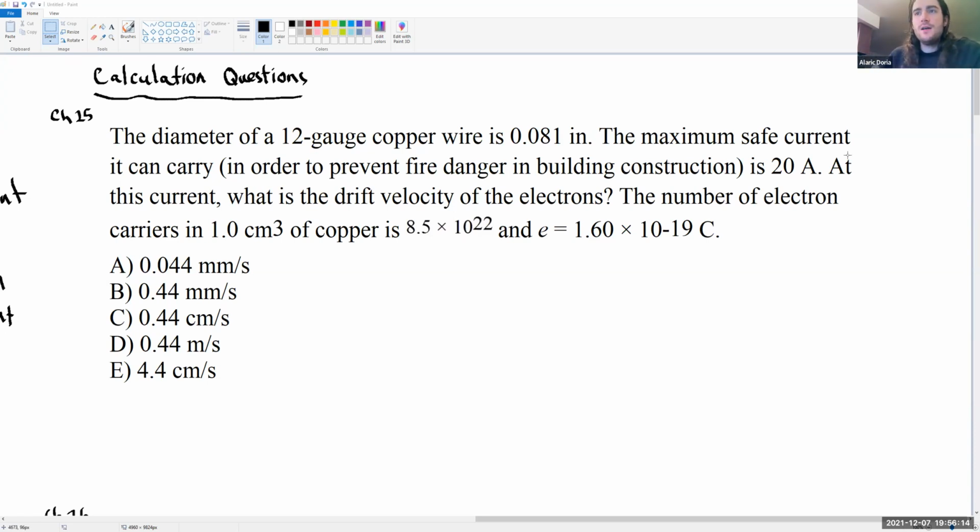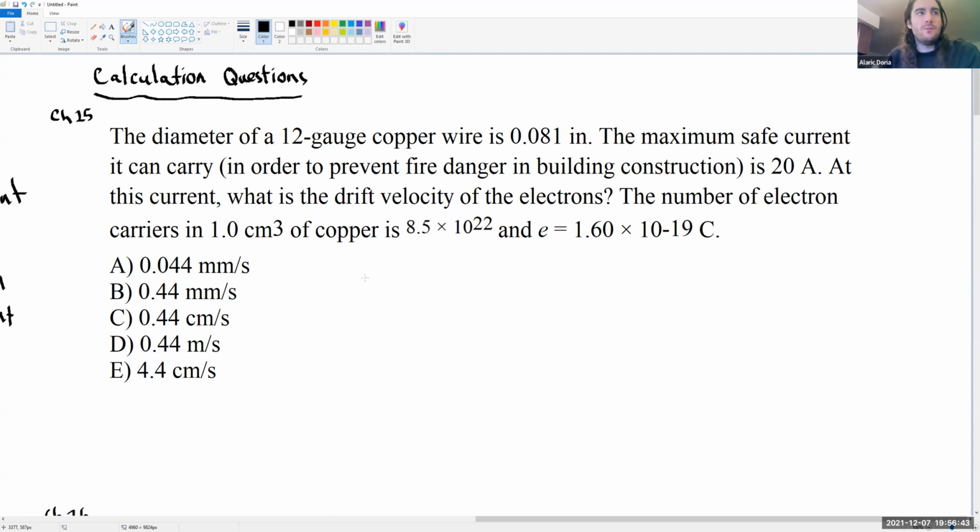For our answers here, we have 0.044 millimeters per second, 0.44 millimeters per second, 0.44 centimeters per second, 0.44 meters per second, and 4.4 centimeters per second. Okay. So a couple things we're going to need for this question would be provided on the formula sheet if I gave you a question similar to this one.